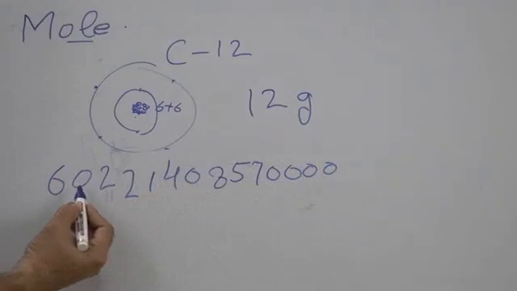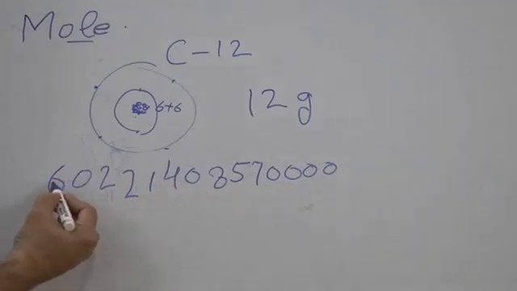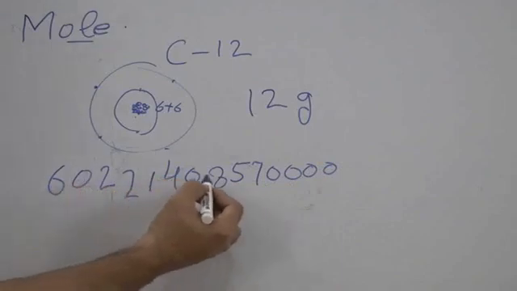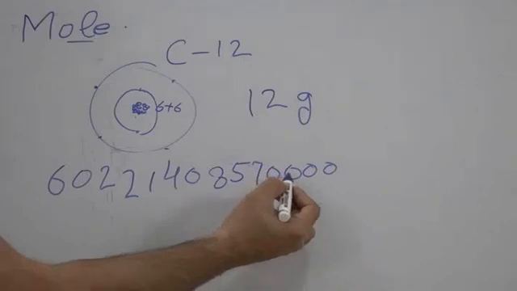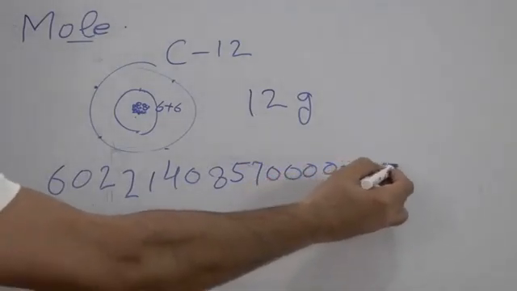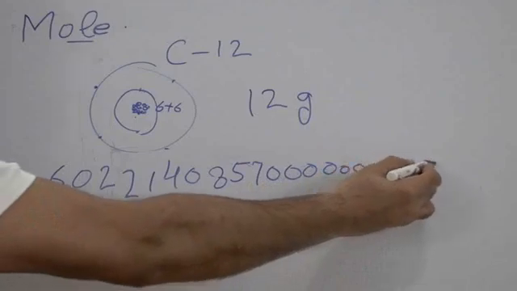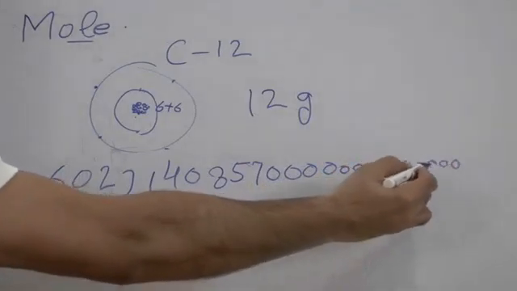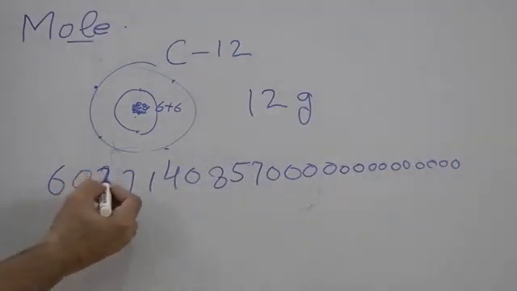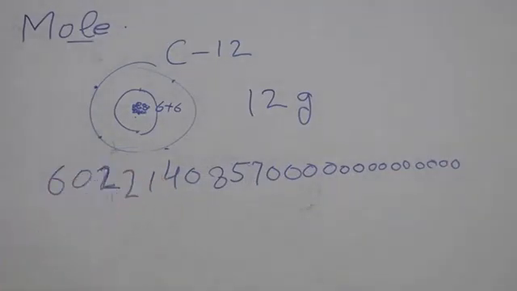How many zeros? If you start from here, there should be 24 digits. So 1, 2, 3, 4, 5, 6, 7, 8, 9, 10, 11, 12, 13, 14, 15, 16, 17, 18, 19, 20, 21, 22, 23, 24, this much. So in another notation, we usually write numbers in scientific notation.